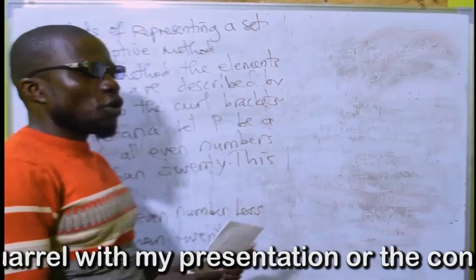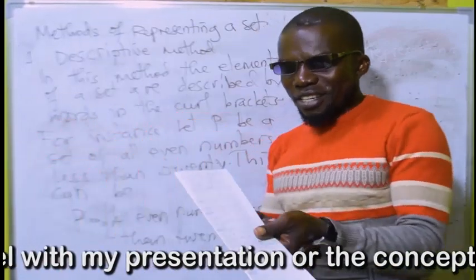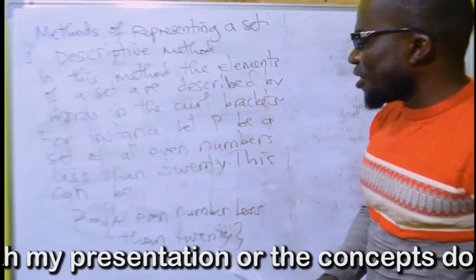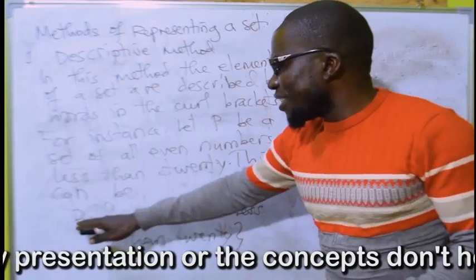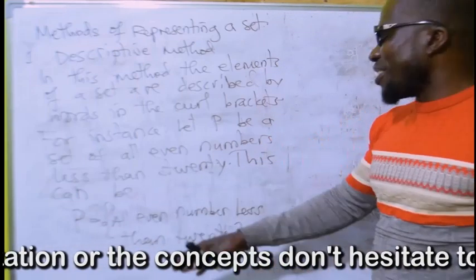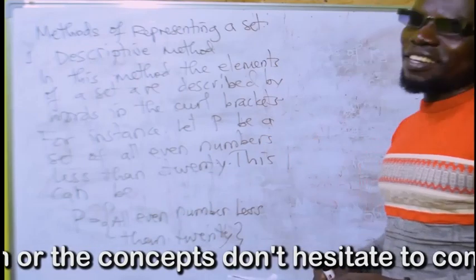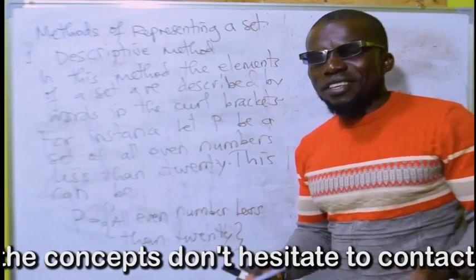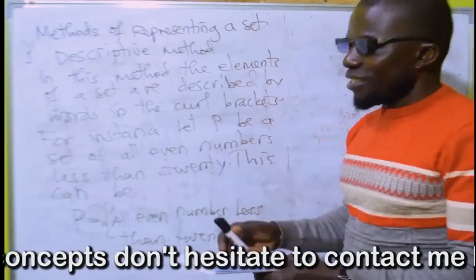So that is what we call the descriptive method. That means the set, its members are described in words. For instance, this sentence here is in words. Yeah, that is the descriptive method.